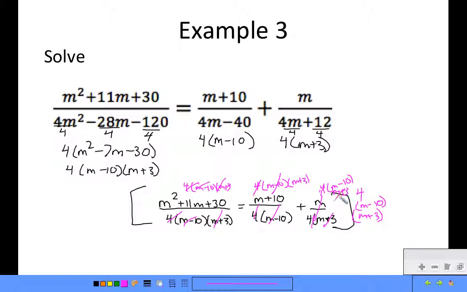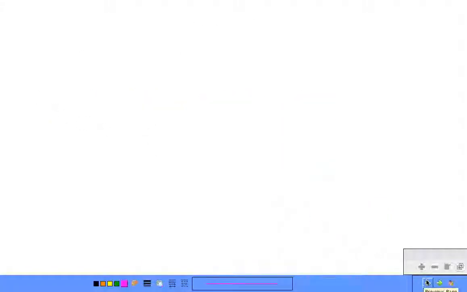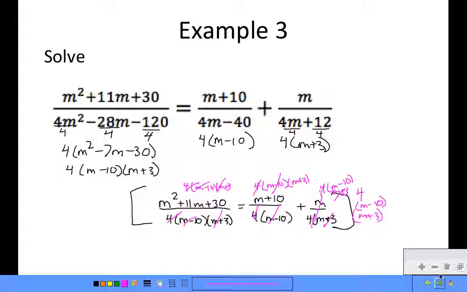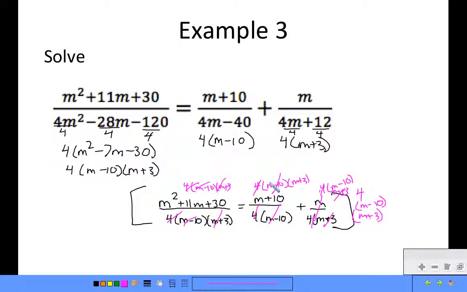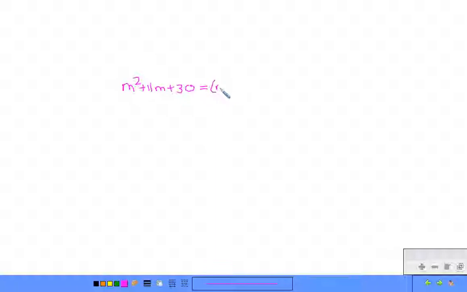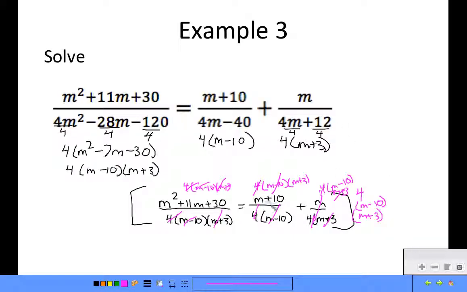So we are left with, you should have a little bit more room here. Let's see. This side is just m squared plus 11m plus 30. Here we have m plus 10, m minus 3. Was it minus 3 or plus 3? And this one we have our m is left and m minus 10.